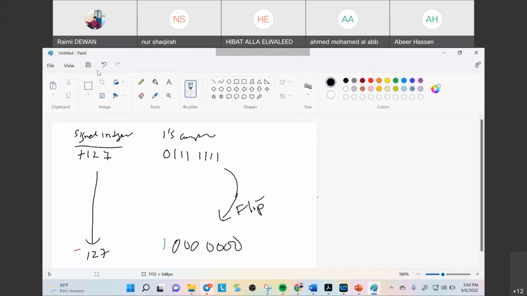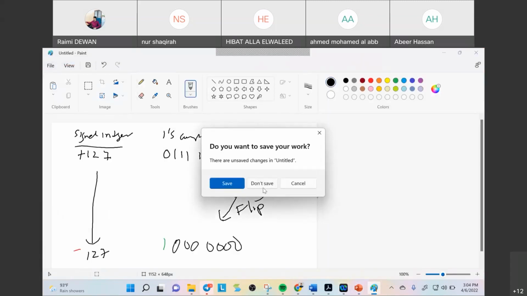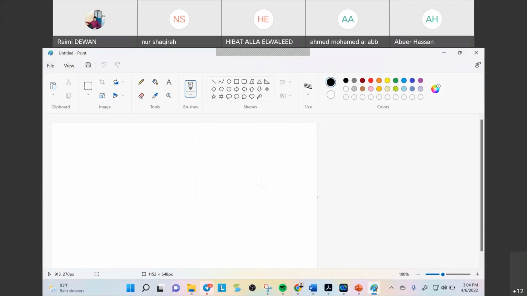Now we need to study the range. The range means from which number to which number: for unsigned numbers, for sign magnitude, and for one's complement.